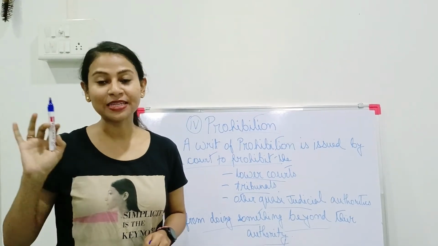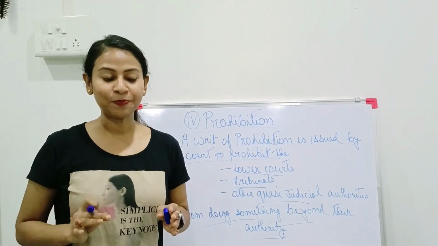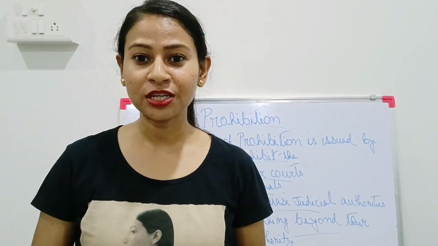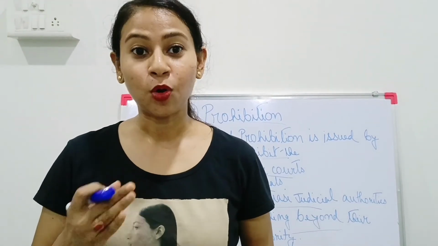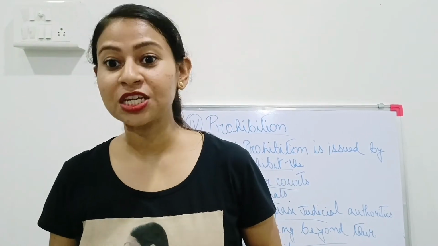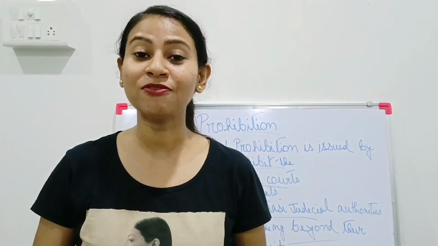So basically, in certiorari we saw that after an illegal judgment is announced, one can use the writ of certiorari to quash it or cure the mistake. But before the judgment is announced, if you want to prevent the mistake, then you can use the writ of prohibition.